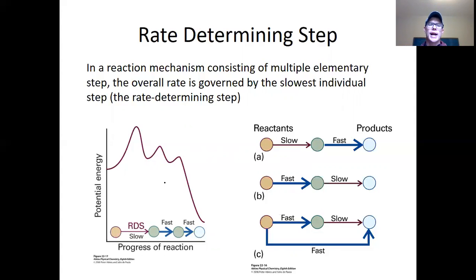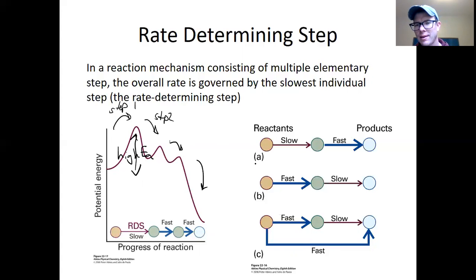So again, this is some reaction coordinate. Here are these different steps: step 1, step 2, 3, 4, whatever. Step 1 here has the high activation energy. It's going to be slow, and this is going to determine the rate of reaction. It's sort of described pictorially here.